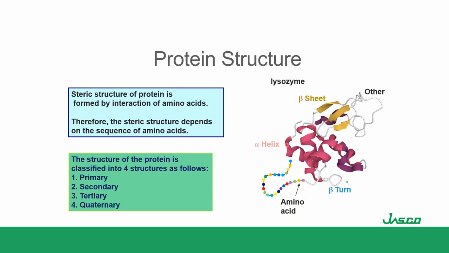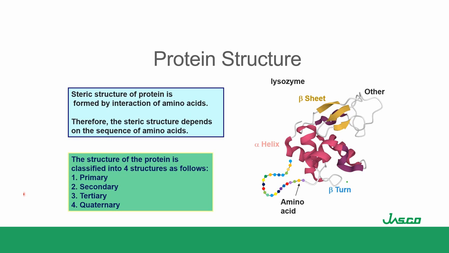One is called the alpha helix, which you see here. We have the beta sheets, the platelets that you can see in yellow in the slide. We also know the beta turn or random coil, which I've labeled here as other. That is for secondary structure.